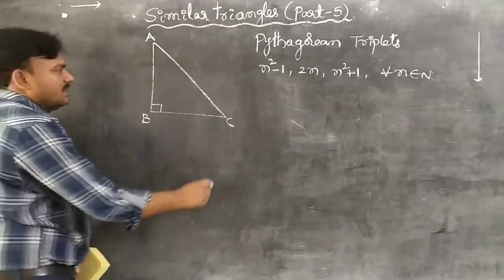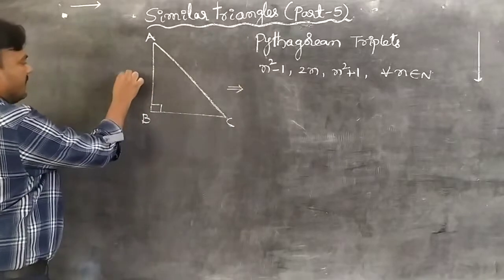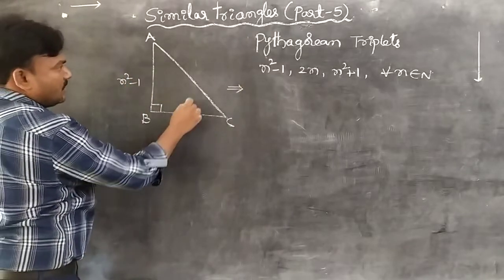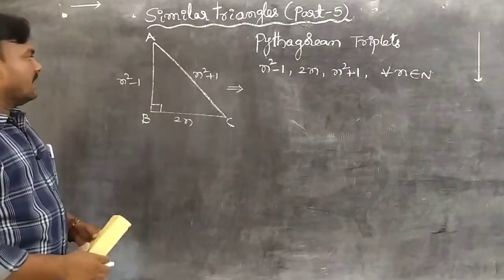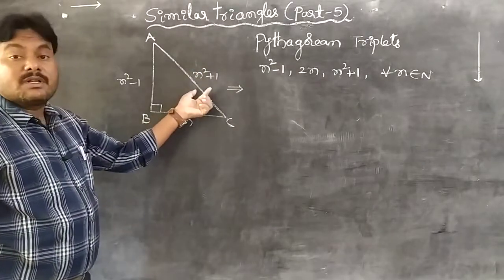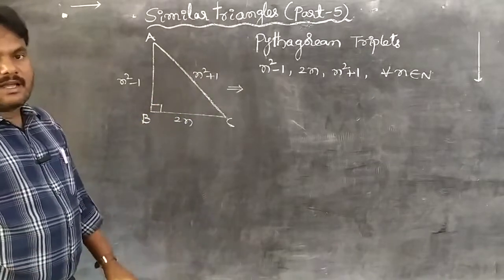So applying here by taking examples, this is n square minus 1, here 2n, there n square plus 1. We know very well in a right angle triangle, the hypotenuse is the largest value of that triangle.